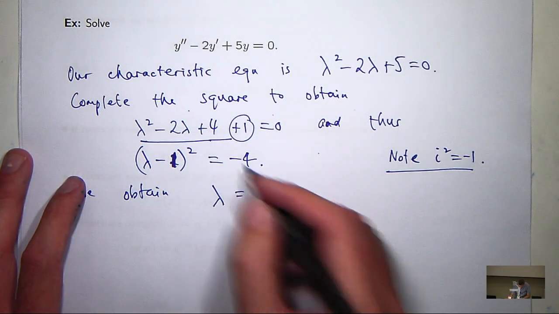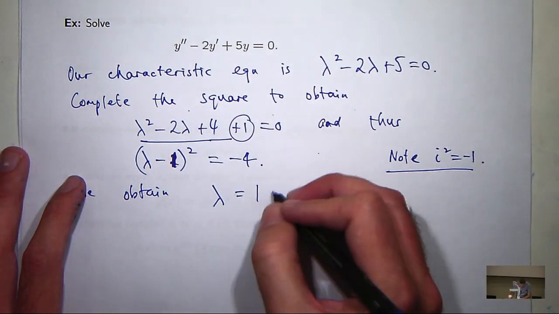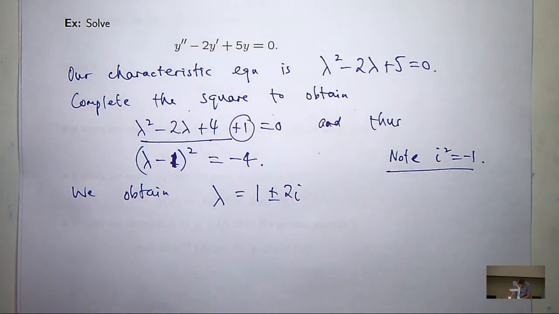Anyway, so what's our alpha and what's our beta? So here, alpha equals 1 and beta equals 2. Our roots are complex.